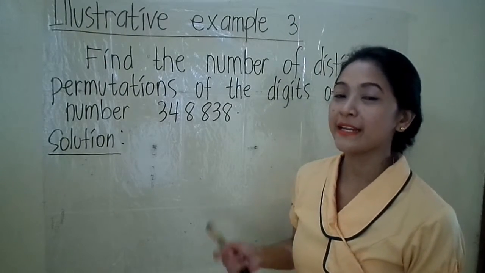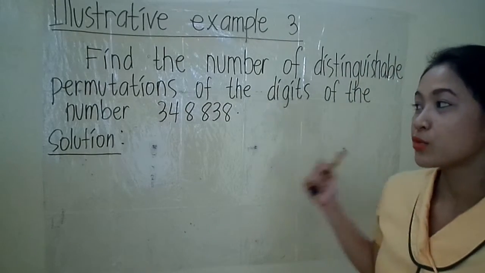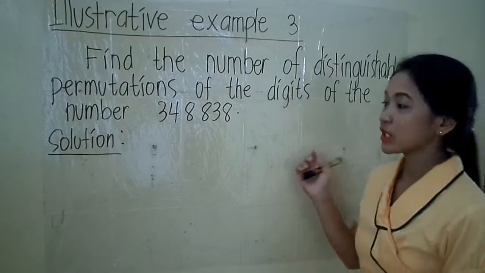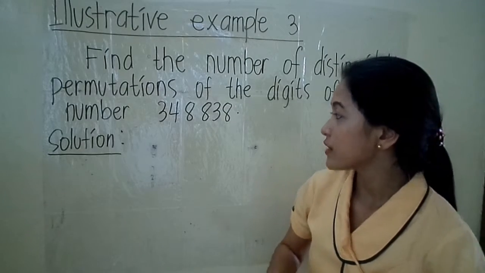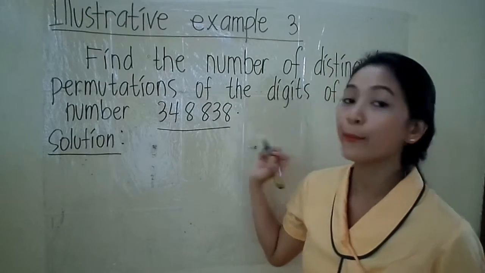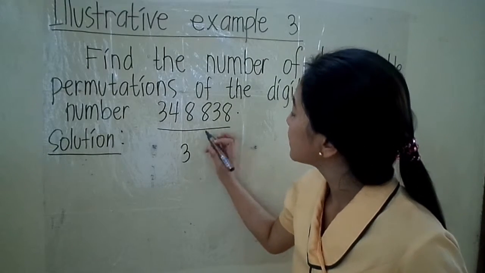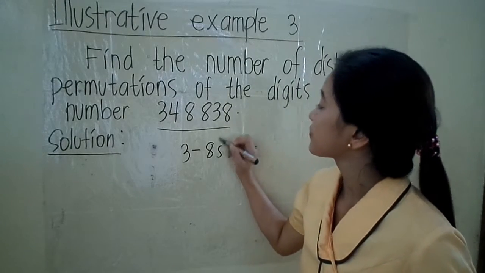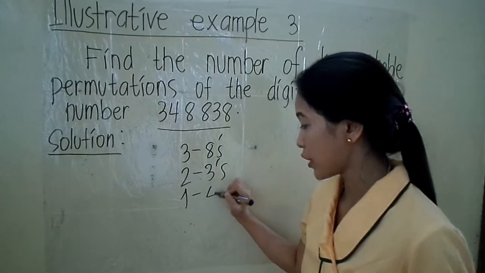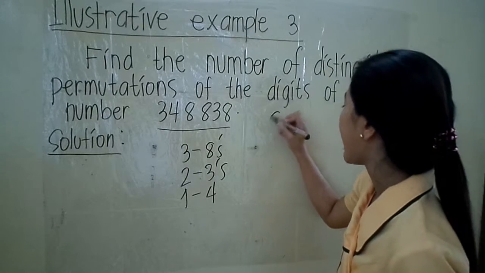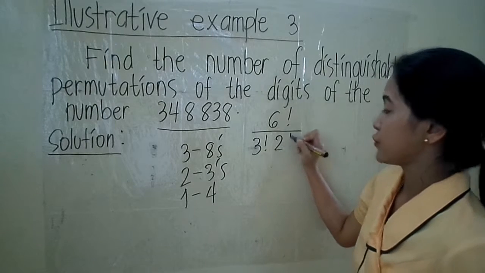For our third and last example, we have to find the number of distinguishable permutations of the digits of the number 348,838. So there are 6 digits having 3 8s, 2 3s, and 1 4. So to solve this, we have 6 factorial over 3 factorial and 2 factorial.